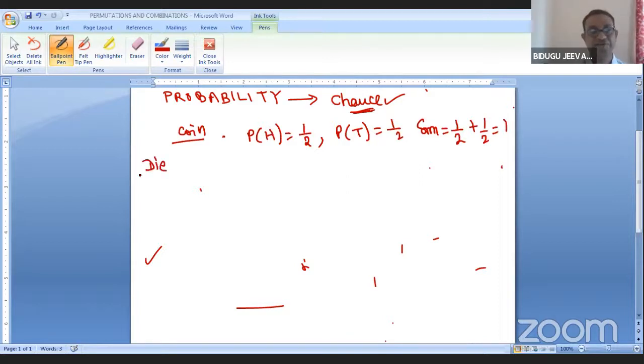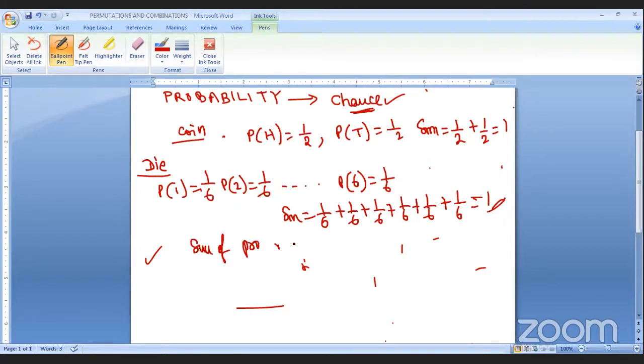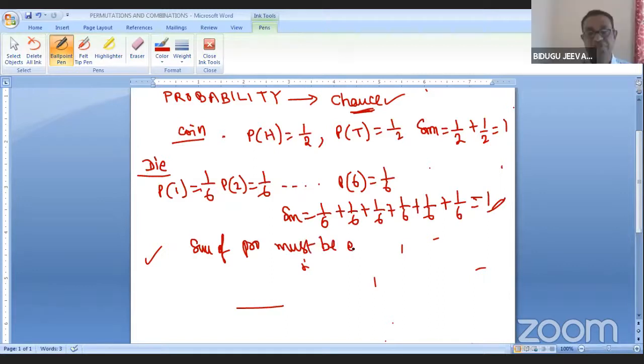We'll go for die. What is the probability of getting 1? 1 by 6. Probability of getting 2? 1 by 6. Probability of getting 6? 1 by 6. So the sum is 1 by 6 plus 1 by 6 and so on, which is 6 by 6, 1. So I would like to give one statement: sum of probabilities must be equal to 1.